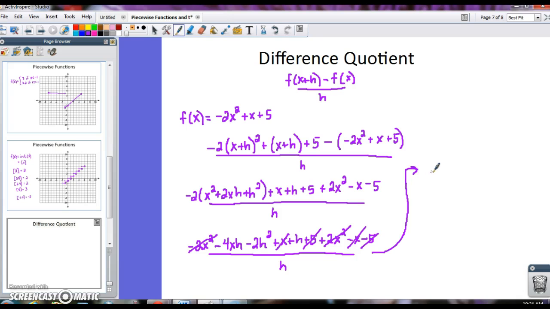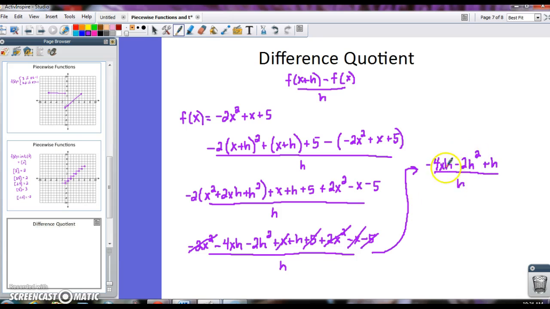So with all of those terms canceling, I'm left with negative 4xh minus 2h squared plus h. Don't forget that plus h that's in there. All of that over h.